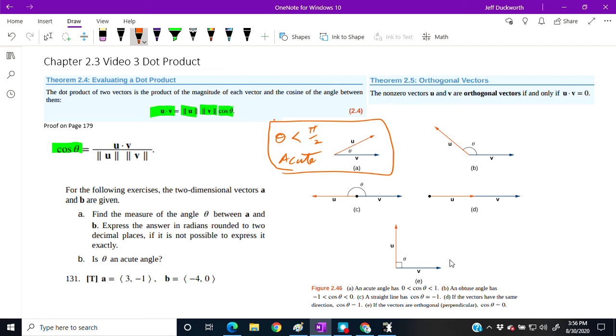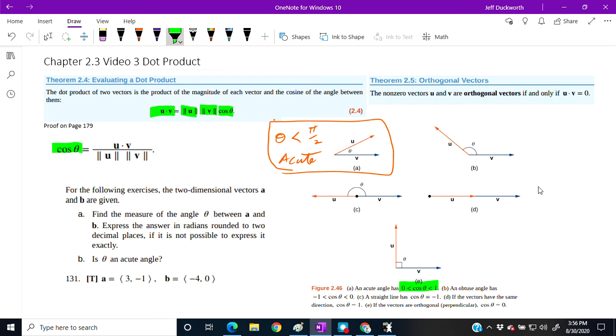And so we've also got this down here where if the actual cosine itself is between 0 and 1, we'll have an acute angle.